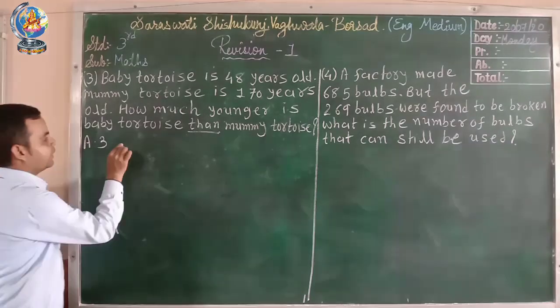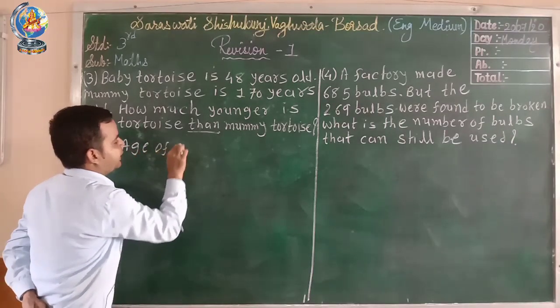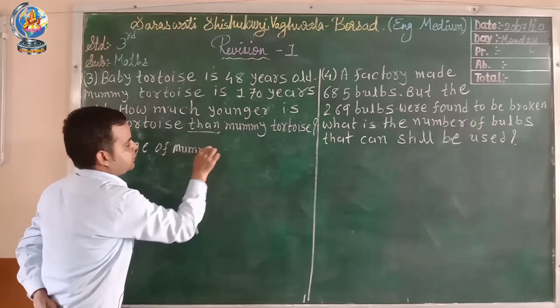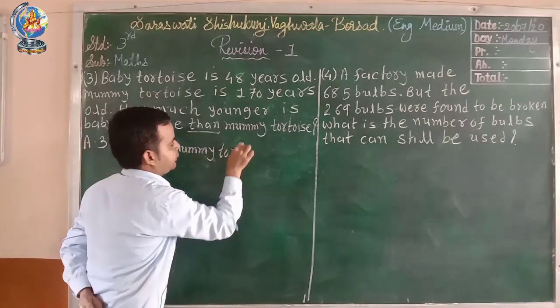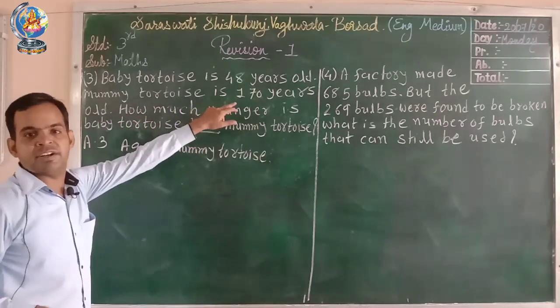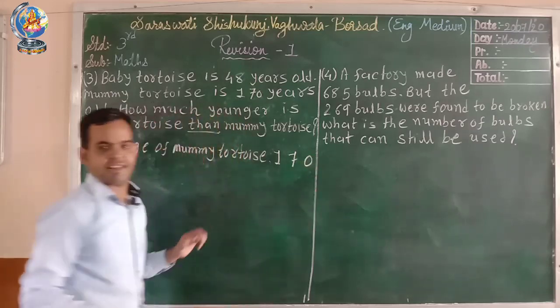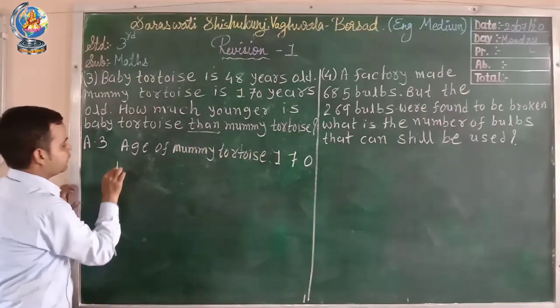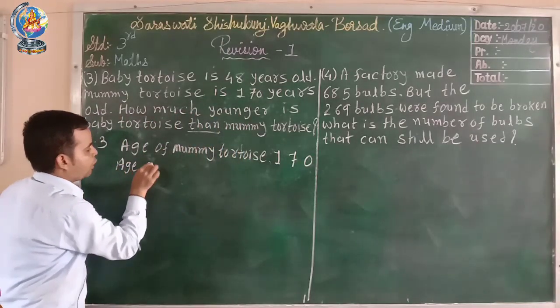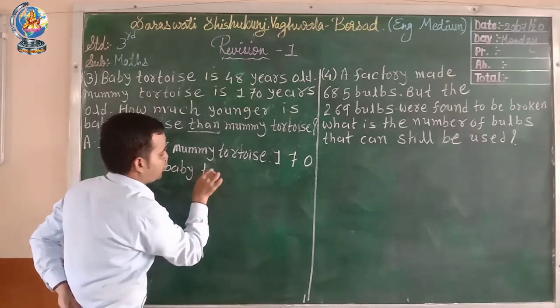So here, age of mummy tortoise. If you see, 170 years old, so here 170, right? Now we have to write age of baby tortoise.